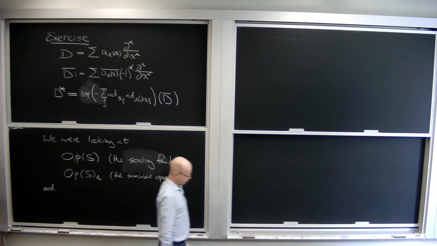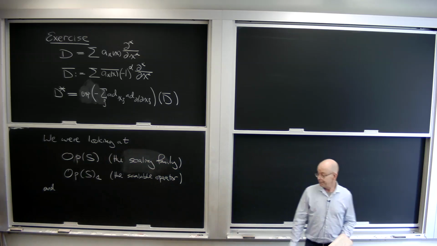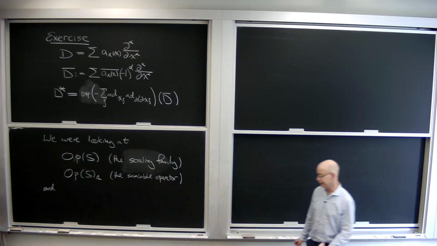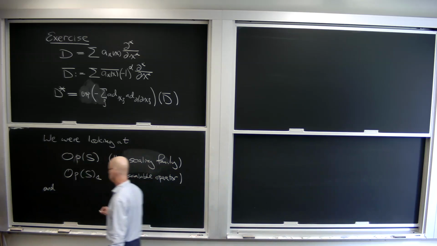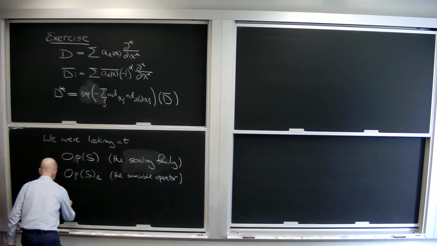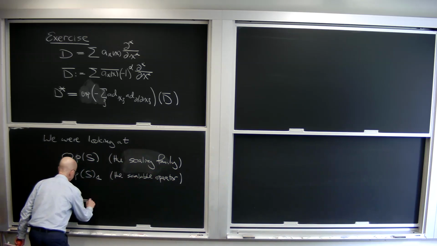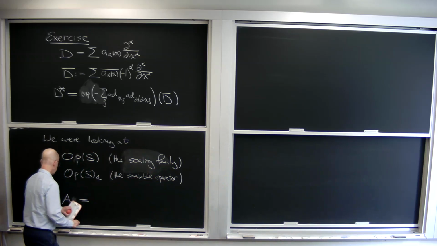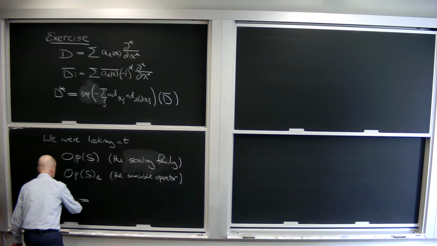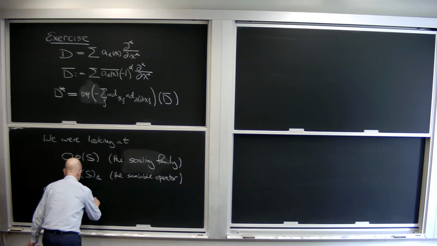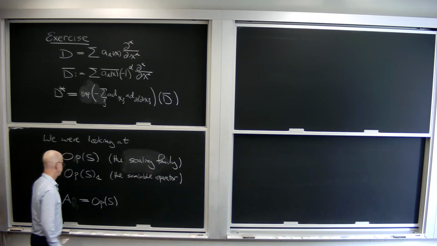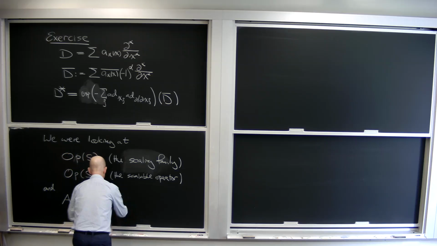And I explained last time that if you have a scalable operator, any scalable operator at all, in fact, let's do it for families, you can write it as the family associated to its symbol, which maybe I wrote with some index like this.